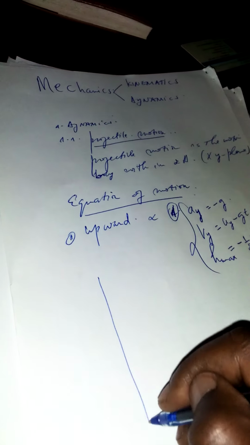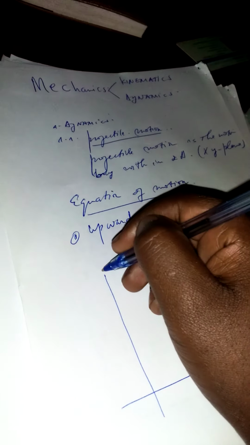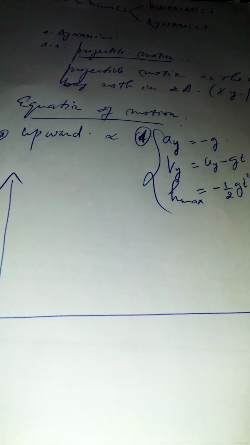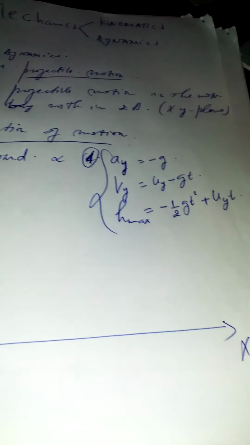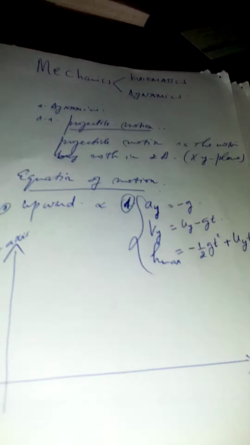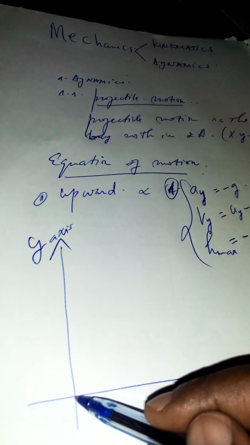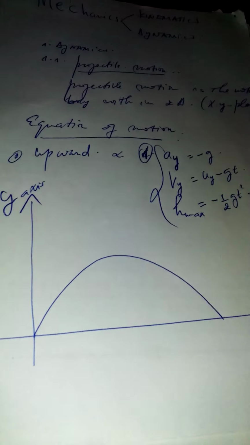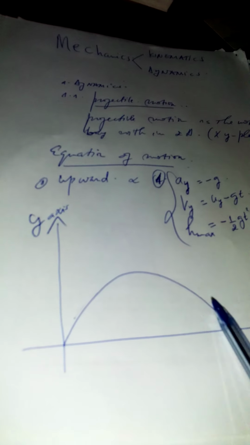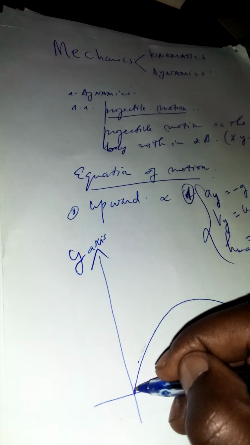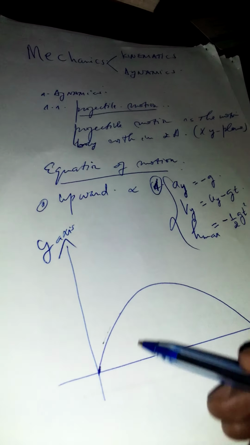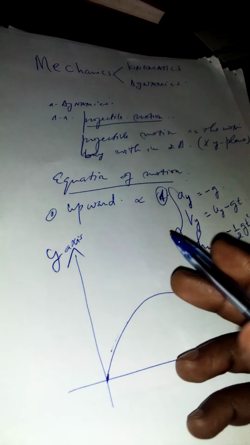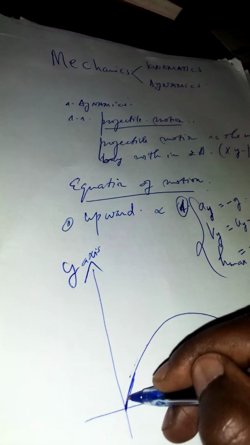So let us consider this drawing: our xy plane, x-axis and y-axis. This is the path, or trajectory, of a projected body starting from the origin 0 with initial velocity.